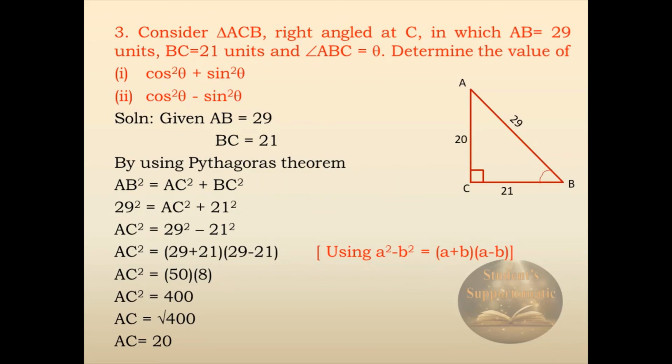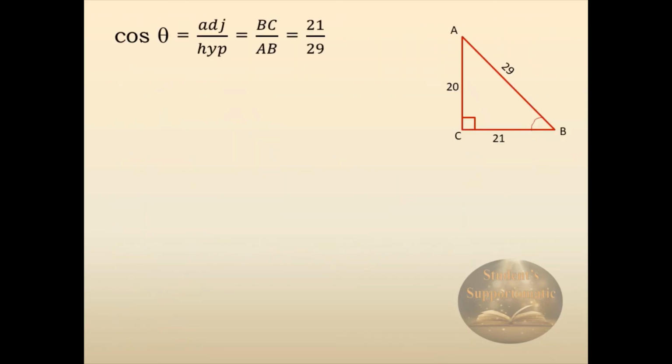So we got the value of AC, and using these values we will calculate cos theta. Cos theta is equal to adjacent by hypotenuse. With respect to the angle at B, adjacent is 21 and hypotenuse is 29. So cos theta is 21 by 29, and sin theta is opposite by hypotenuse, opposite is 20, so 20 by 29.